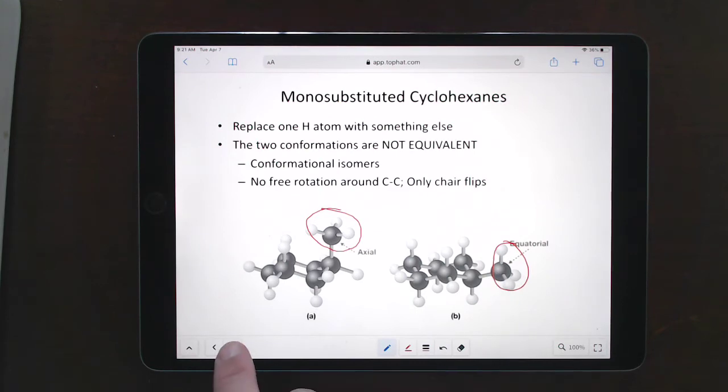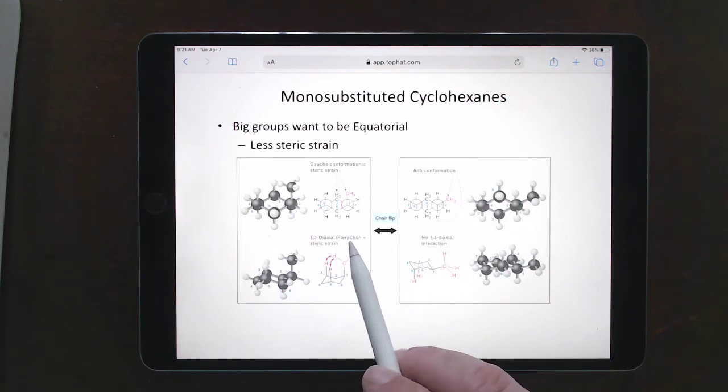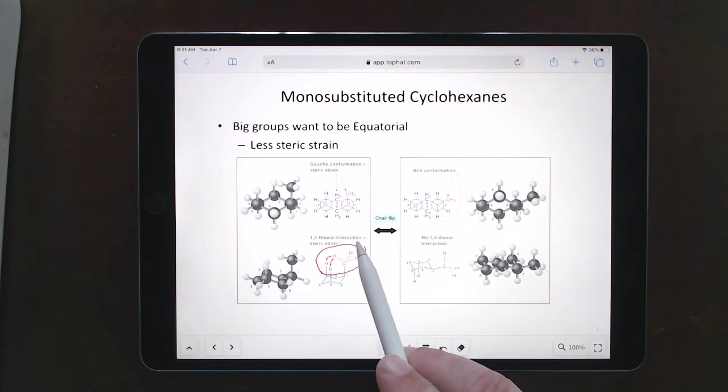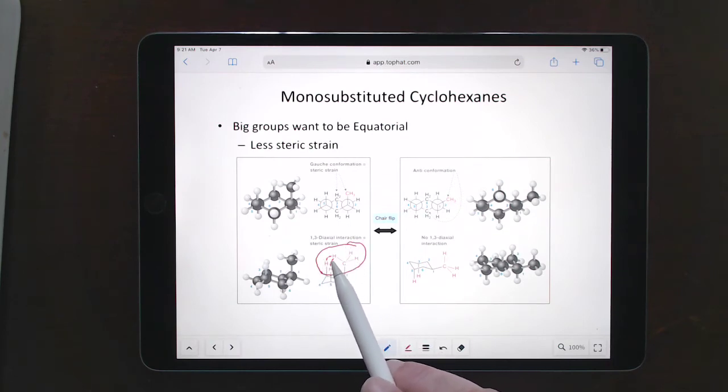What's happening is when you've got a large group in an axial position, you're going to be interacting with the other axial hydrogens. So this methyl group is interacting with this and this, right? They're getting really close to each other.